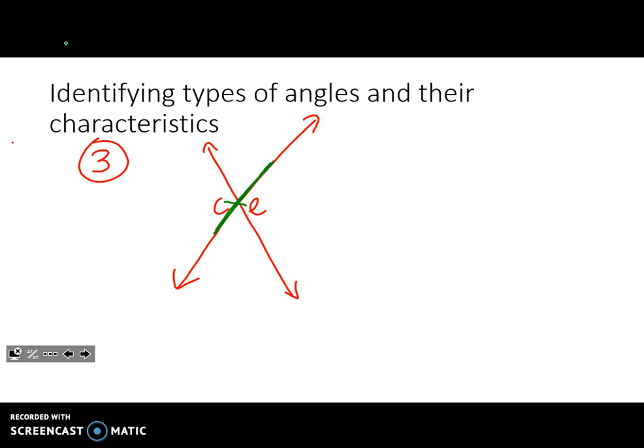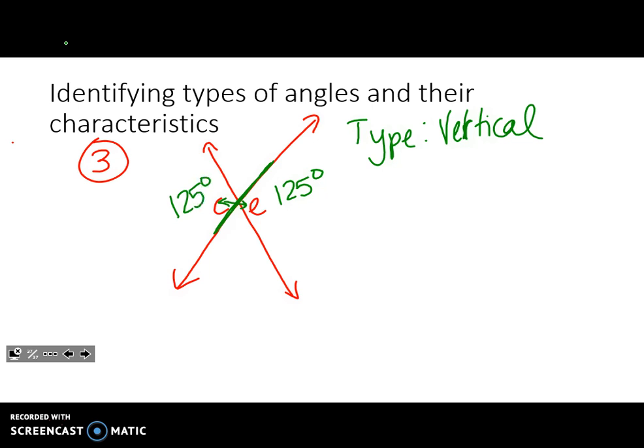So then I look to see if they might be opposite of each other. And I like to draw arrows. And these are. So this would be a vertical angle. Remember, those have the same measurement. So if this is 125, so would this one.